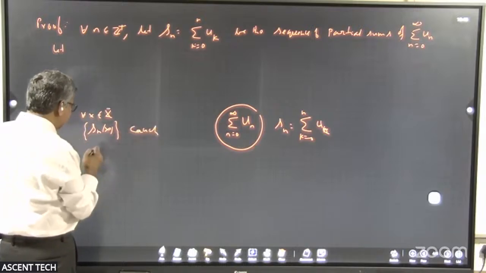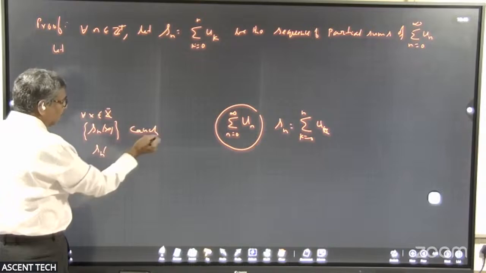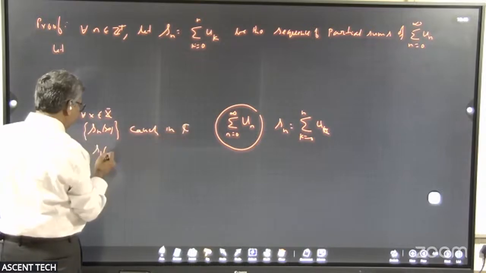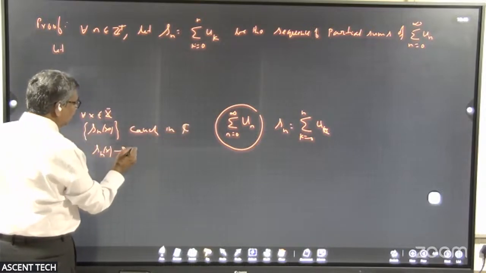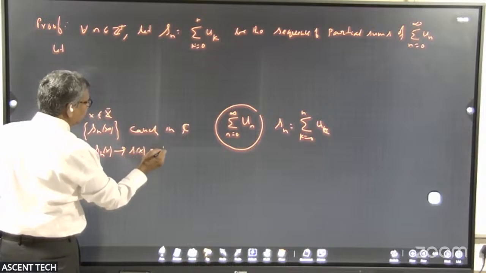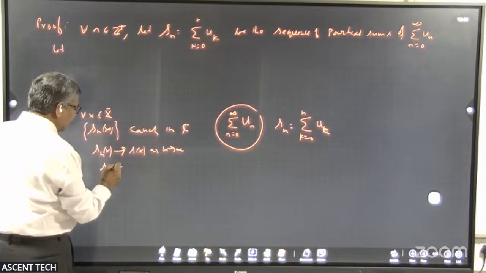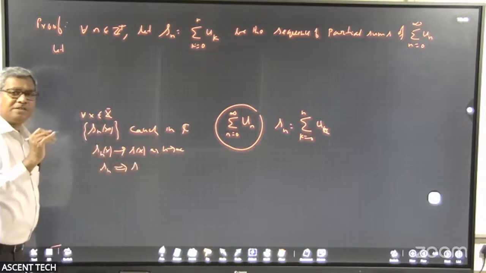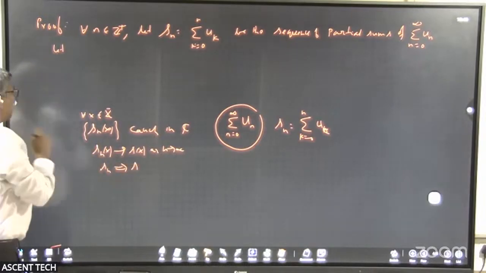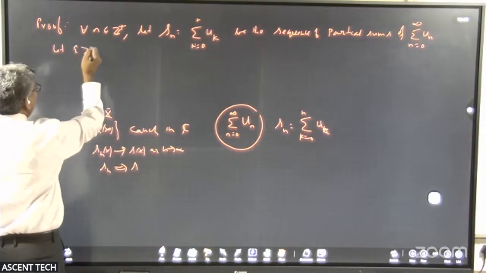Once I say Sn(x) is Cauchy, and it is Cauchy in C, therefore Sn(x) has to converge to some S(x) as n tends to infinity. But then I show you that this is not just pointwise, it is actually uniform. I finish the problem. So let epsilon be greater than 0.